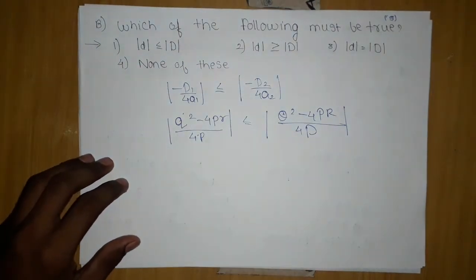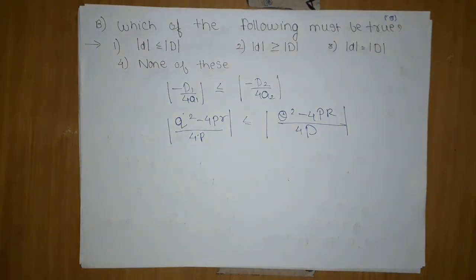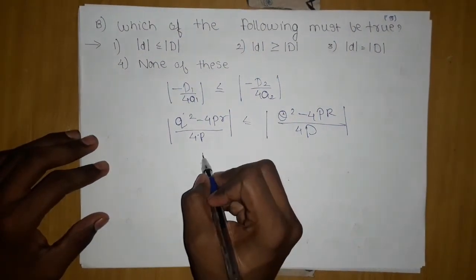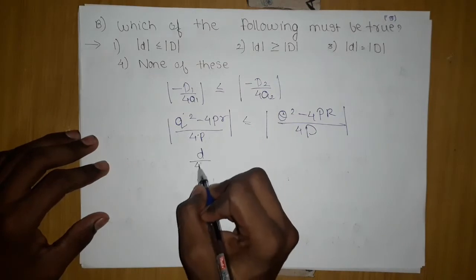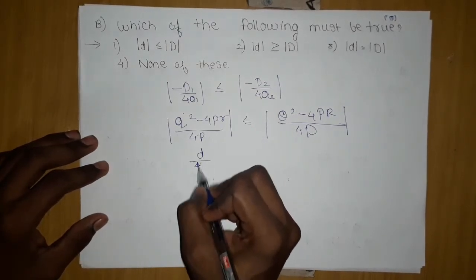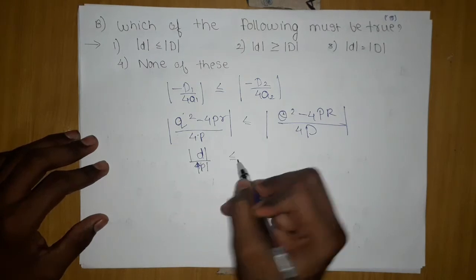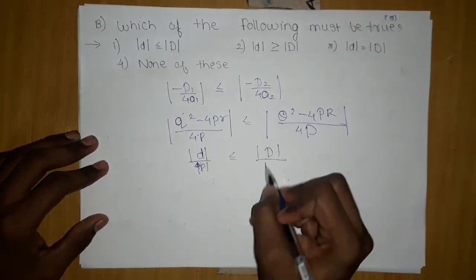Sorry, the discriminants will not be the same. Although their maximum values should be the same, meaning minus d by 4a should be the same as the roots are the same. So we can write it as small d, since we want the relation, with the 4 cancelling out, as modulus small p into modulus d should be less than capital D and capital P.